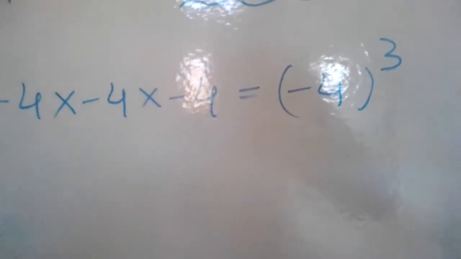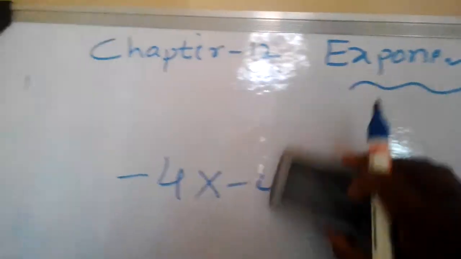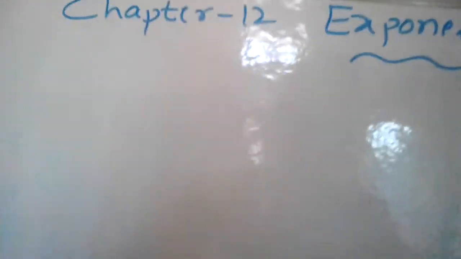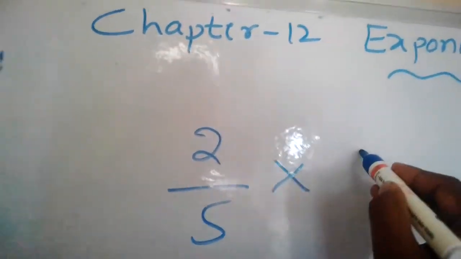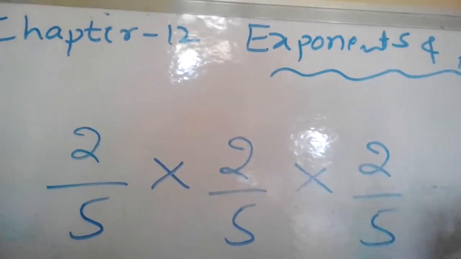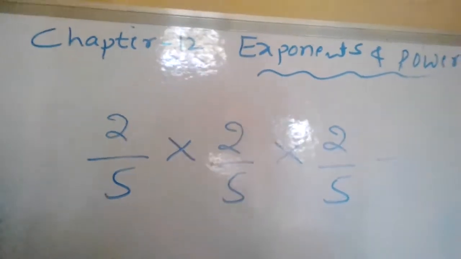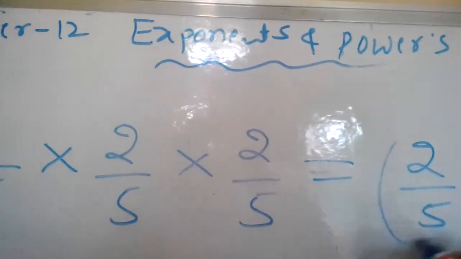Then what about rational numbers? That is also the same. Consider a rational number 2 by 5. Again it is multiplied by itself a second time, and again a third time. Then what is the exponential form of this rational number? That is 2 by 5 to the power of 3.